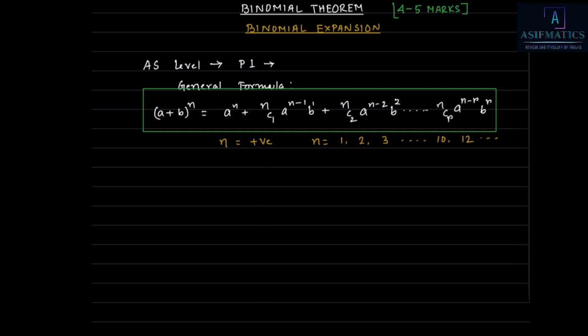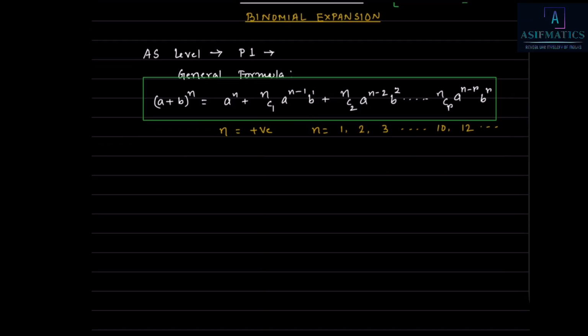Now, in your P3 or your A2 level, we are going to learn the binomial expansion if n is negative, or n is less than 1.